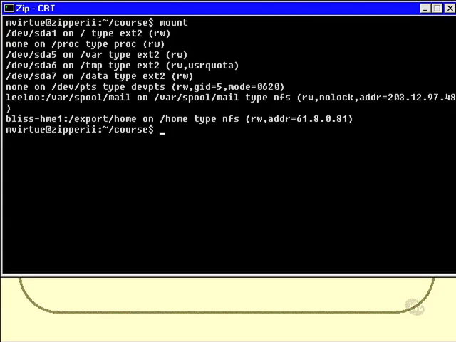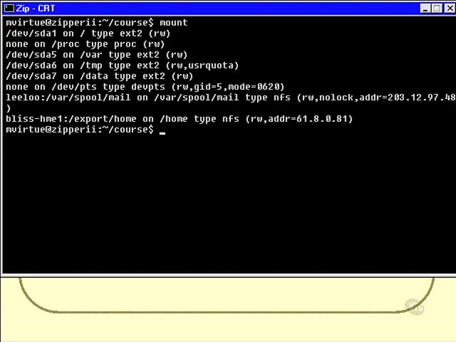Finally, on the computer called bliss-hme1, there is a directory structure under /export/home, and that whole directory structure has been mounted onto this computer's empty directory called /home. We also get extra information about what type of file system it is and whether there's read-write access and so on. If it's a network device file, we are shown the IP address of the computer that the file system came from.